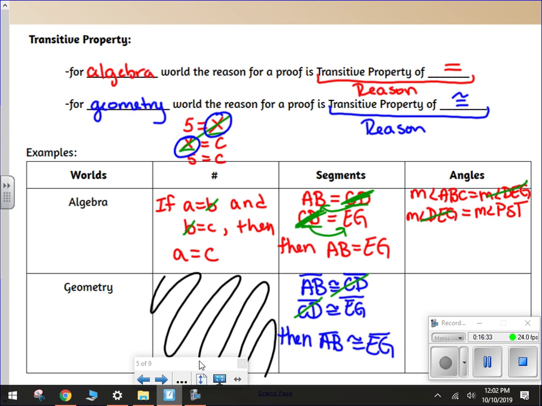Angle DEG is forcing ABC to be the same as PST because DEG also has to be equal to PST. If it has to be equal to both, that means all three are going to be the same.